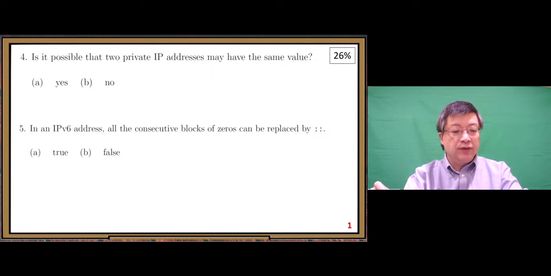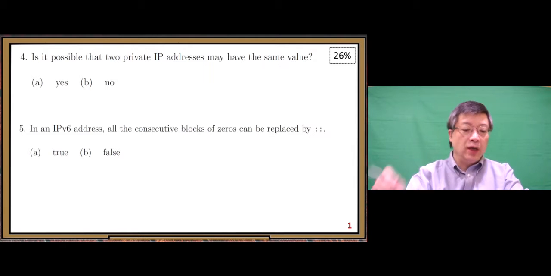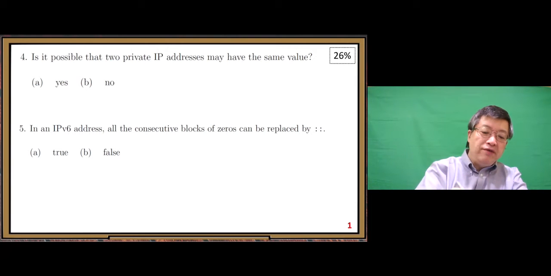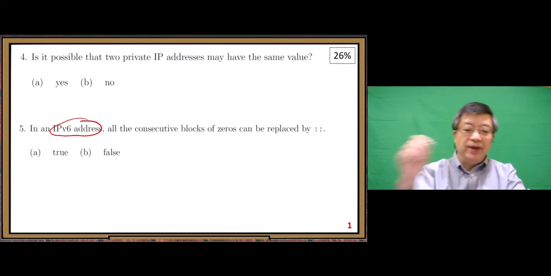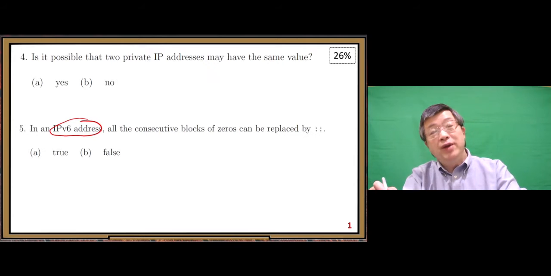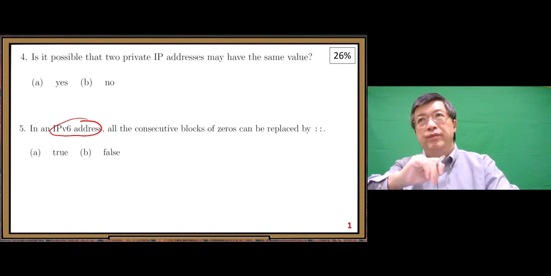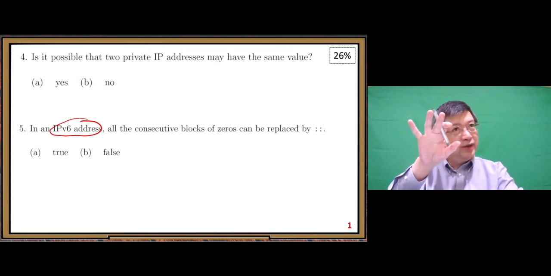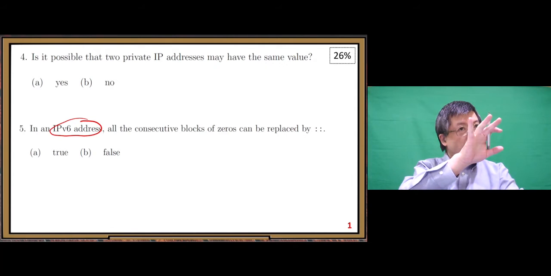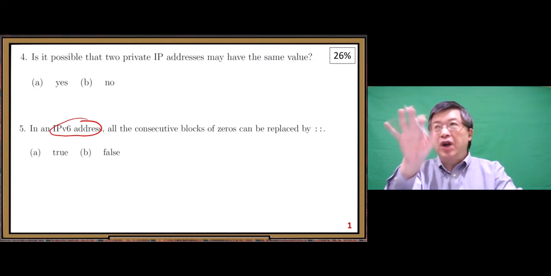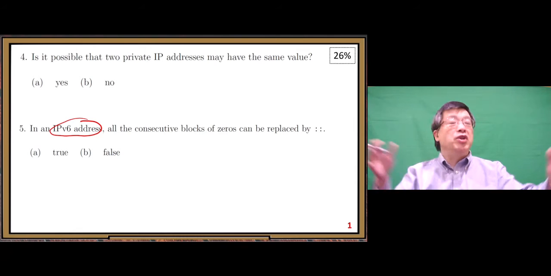The second question is about IPv6 addresses. Usually we're not quite familiar with IPv6 addresses. We are familiar with IPv4, because they're much shorter and it's much easier to see the structure. IPv6 strings are much longer.